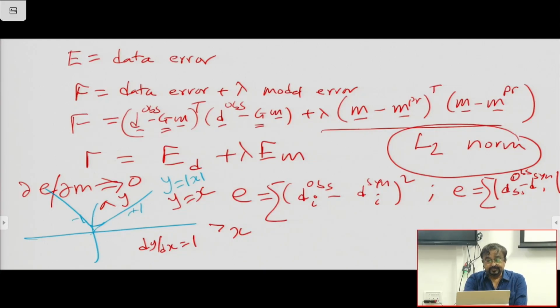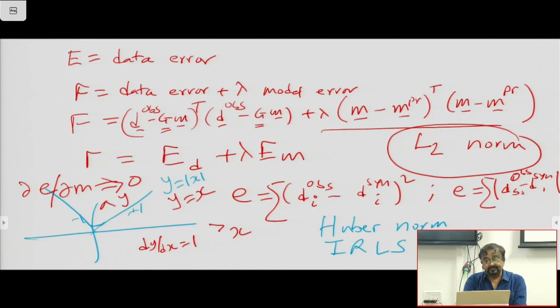There is something called the Huber norm, which is exactly a combination of an L1 and L2 norm. Then we also have iteratively reweighted least squares. And then there is another method called lasso, which I don't have time to go over, but you will find all of these programs.